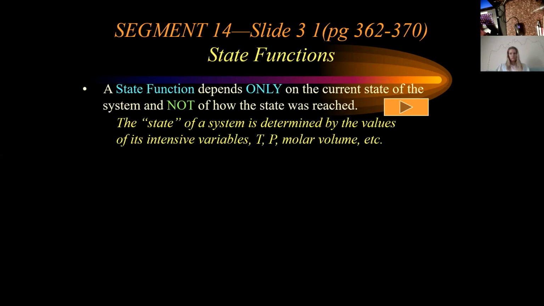So intensive variables are those things that we can measure for our system that don't depend on how much mass or how much of the system we have. It's an intensity. It's the same for the whole sample. If I'm talking about pressure in gases, it's like that.